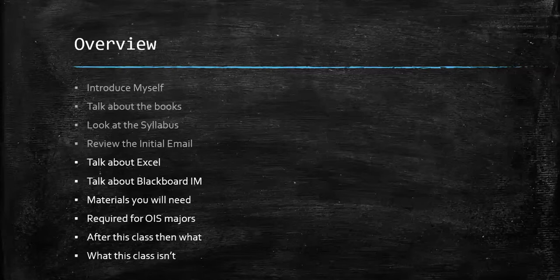And then last, what this class isn't. This class is built for the OIS program. We are trying to help you gain skills that you need in an office setting. So we are looking at accounting from the perspective of the bookkeeper, the person who reconciles the bank statement, the person who maybe writes checks, the person who receives money for a business or makes invoices for a business.